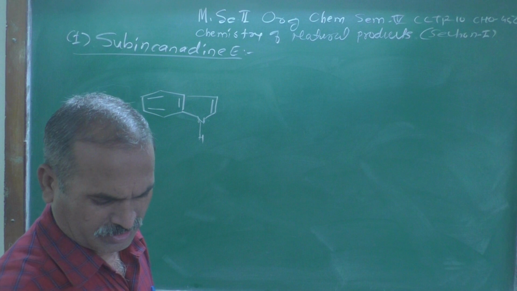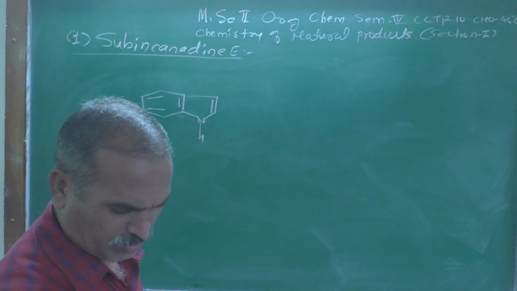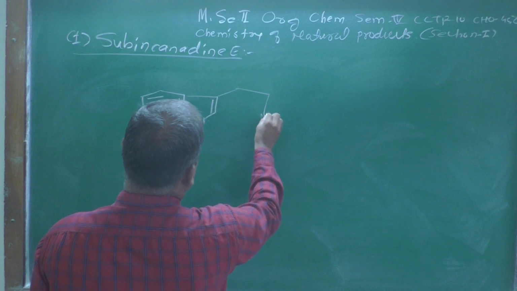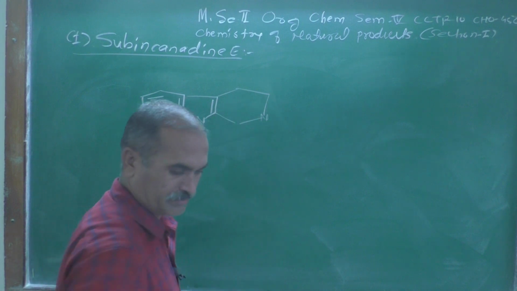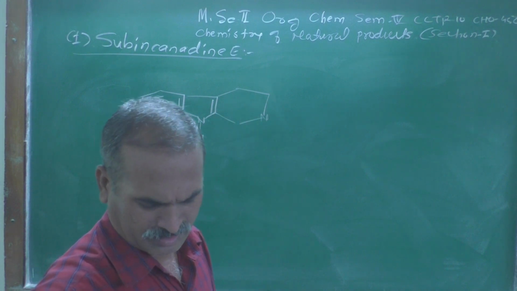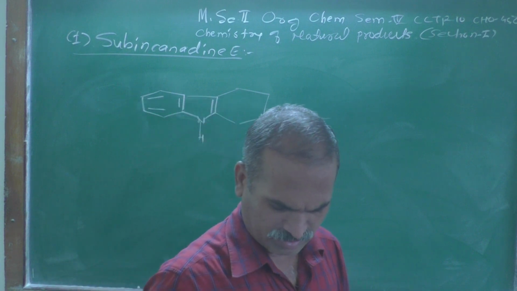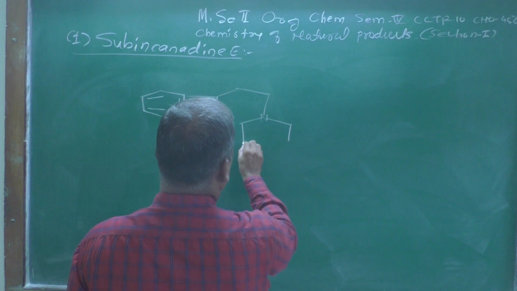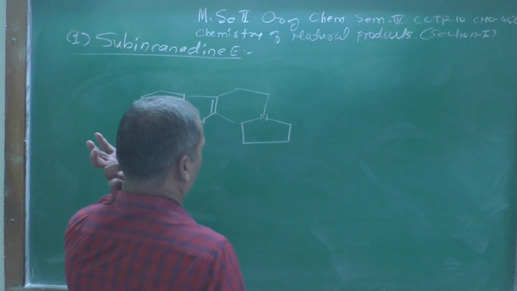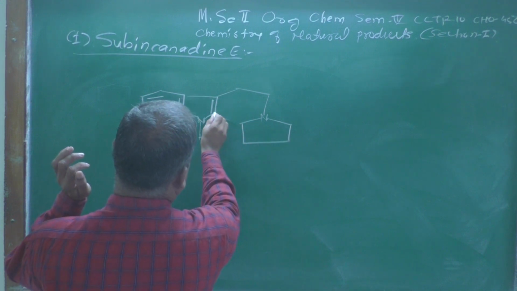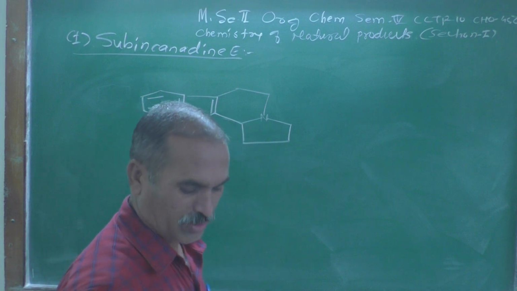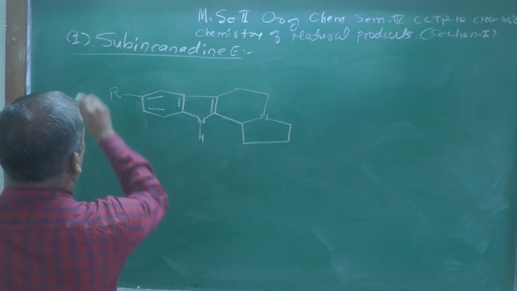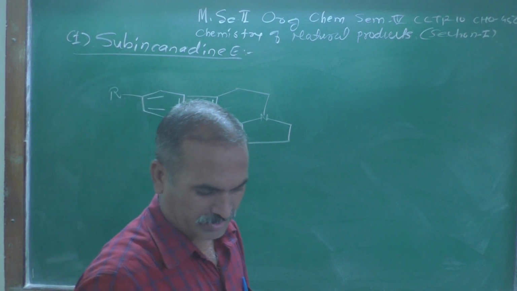There is a general structure which I am representing over here, and then this structure has a further 5-membered ring. Here is a further 5-membered ring, and at this position there is an R group.